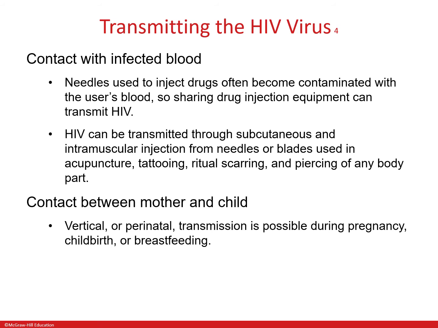The treatment is expensive, however, and vertical transmission continues to be a major threat worldwide. Cesarean deliveries, or C-sections, further reduce the risk of HIV transmission in women with high blood levels of HIV.